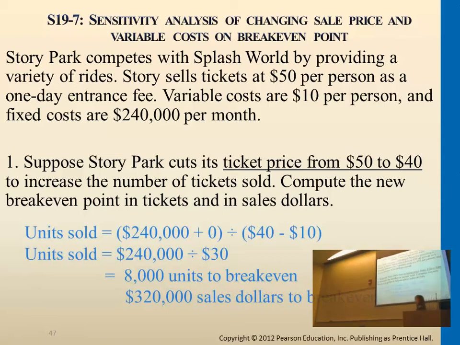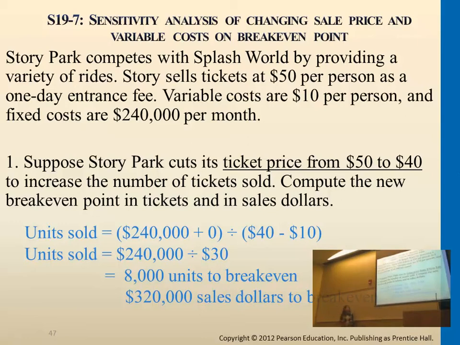Now remember that this is one way to do it. We also have another way to do it, using the contribution margin ratio directly. This way gives you two steps. You calculate break-even units, the tickets, because what you used in the denominator is the contribution margin in dollars.